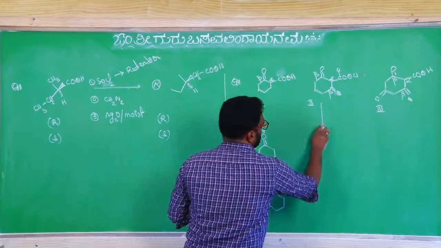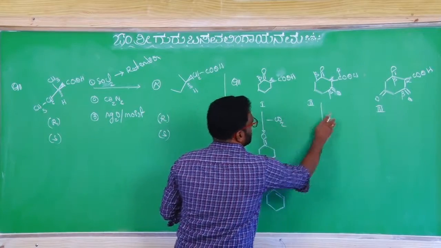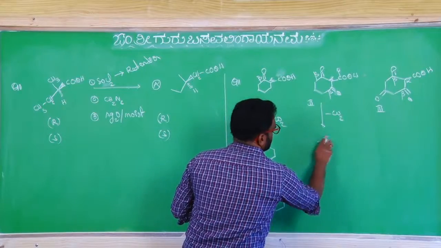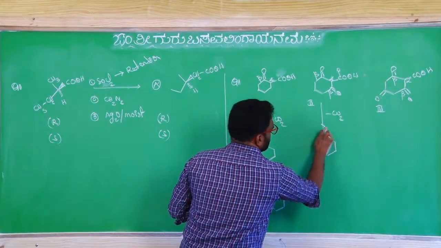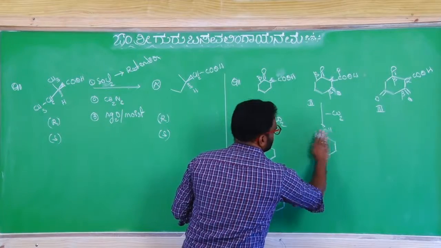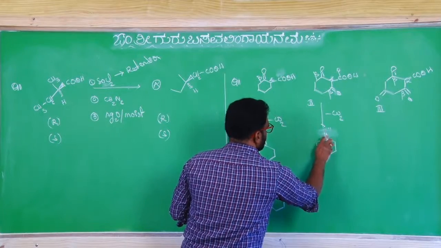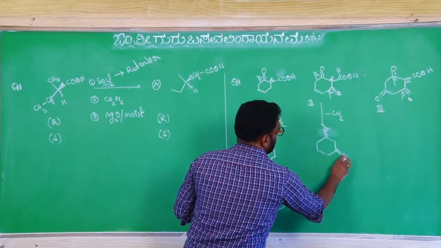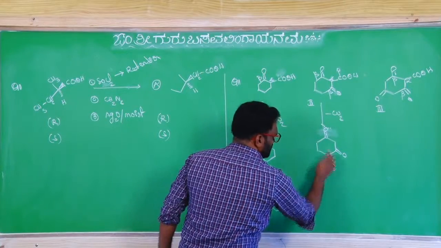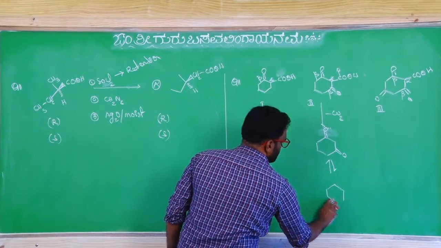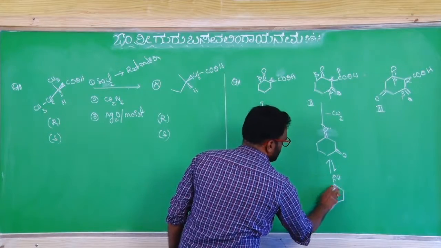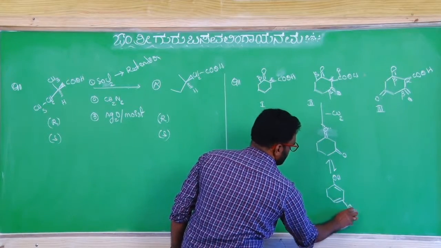Same way, after decarboxylation of the second, what will you get? Firstly let me write C double bond O and C double bond O. If it undergoes tautomerization, you will get OH with a double bond, and here a conjugated double bond.